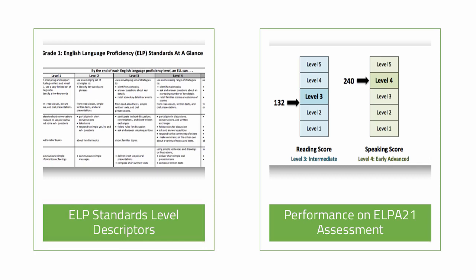A student's performance level on each of the 4 domains, on the other hand, is a measurement of that student's achievement as a result of administering and calibrating the ELPA 21 assessment. We find that it is helpful to keep this distinction in mind when thinking about how and when to use information from the assessment results versus the ELP standards level descriptors.